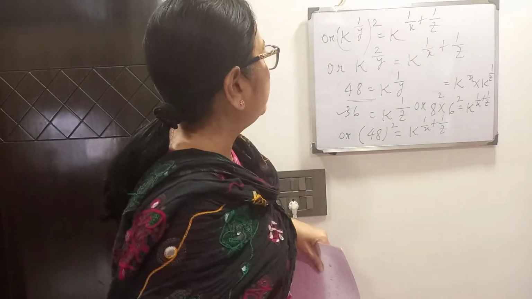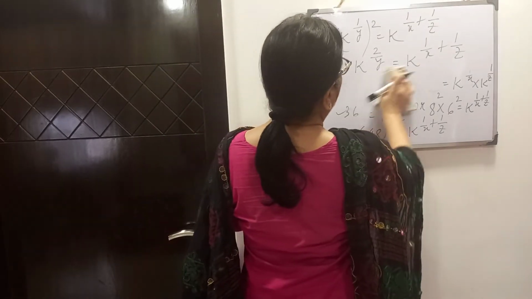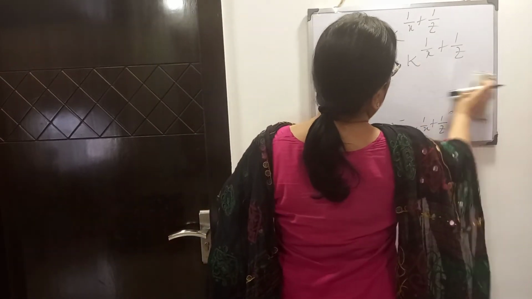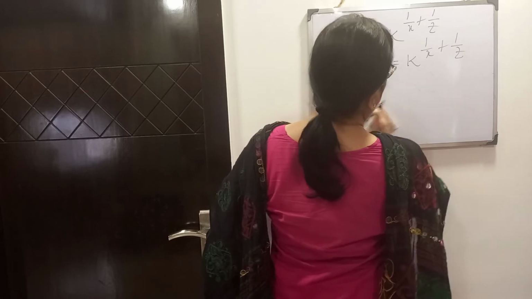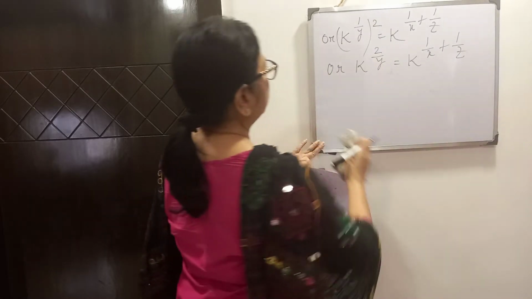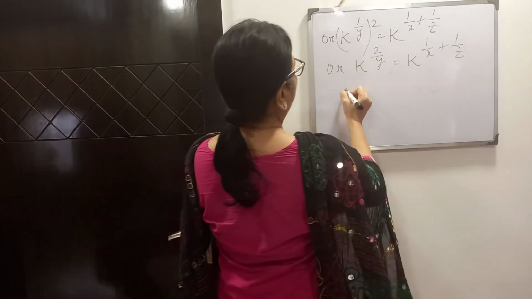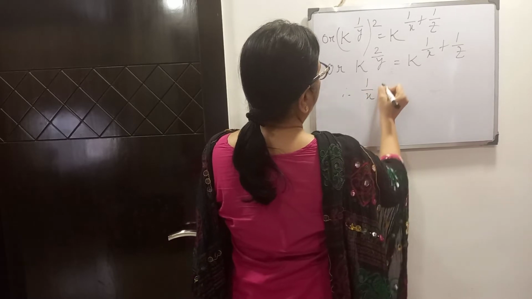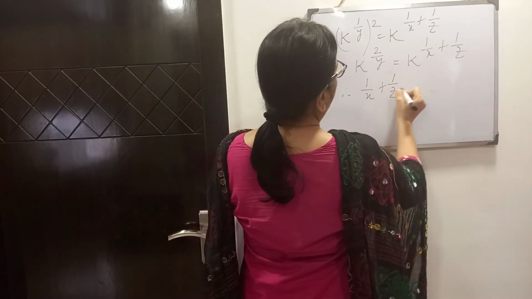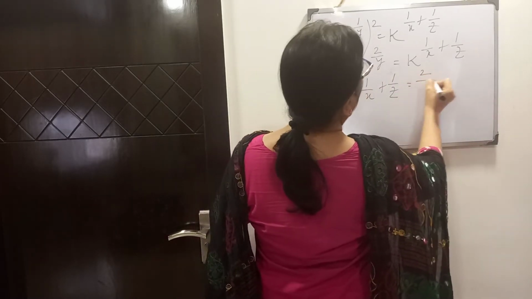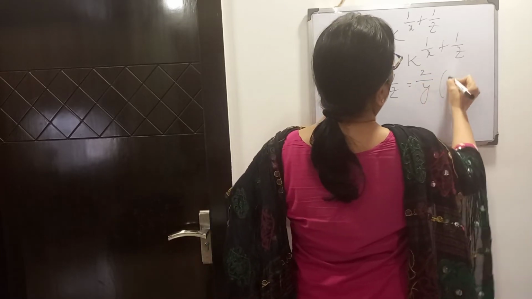Now see, both sides, as the base is the same, therefore we can equate the powers. Therefore, we can write from here 1 by x plus 1 by z equals 2 by y. This you have to prove.